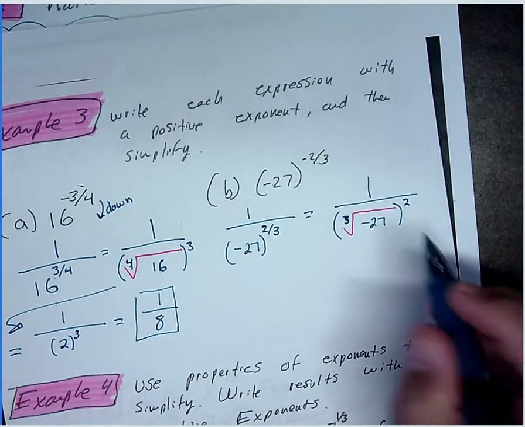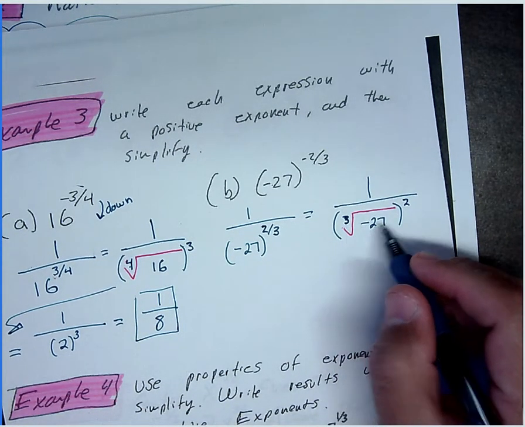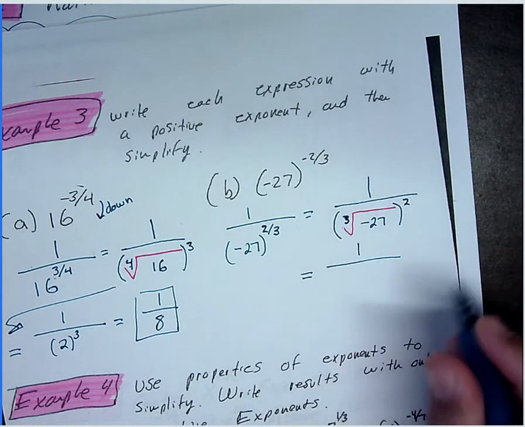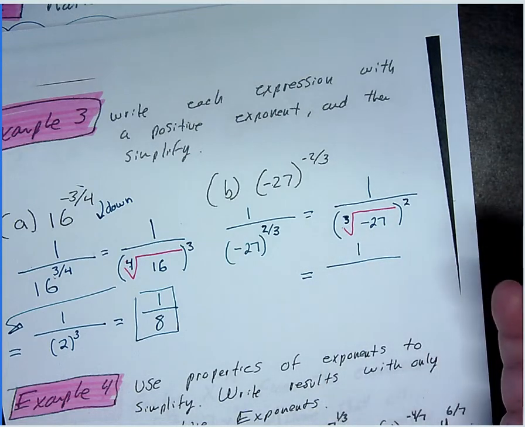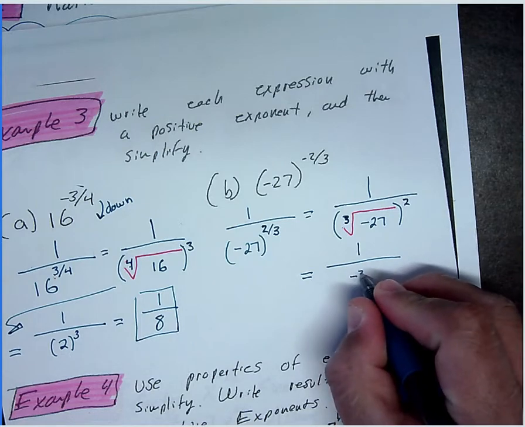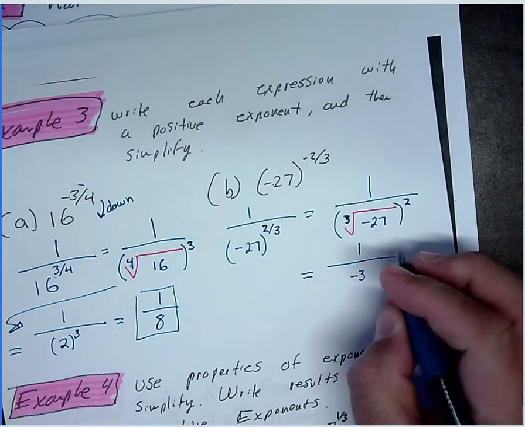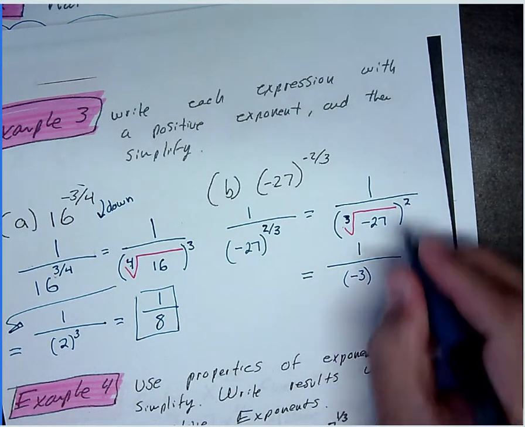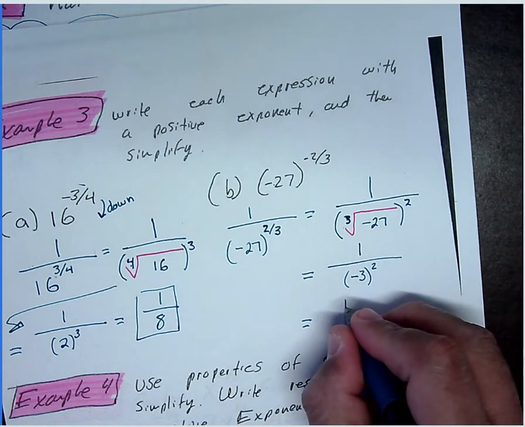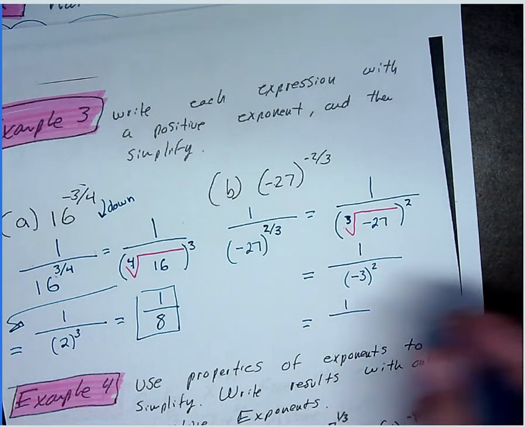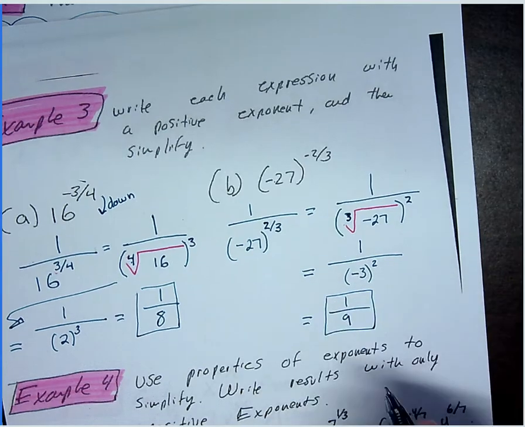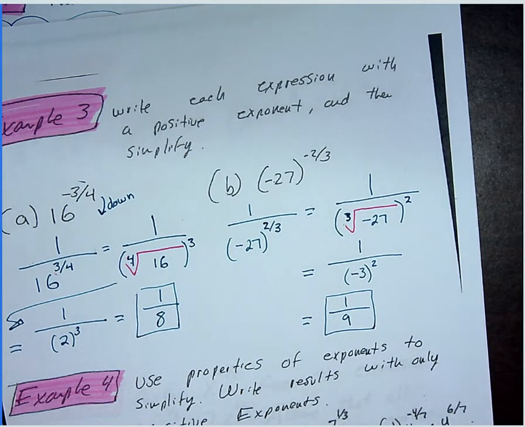So what's the cube root of negative 27? We still have that 1 on top. Cube root of negative 27, the number that you multiply 3 times that will give you negative 27. We know that's negative 3. We just did it in the previous examples, and we still have that 2. So 1 over negative 3 squared, you know that's going to give you a positive 9. So 1/9 would be the answer for that one.